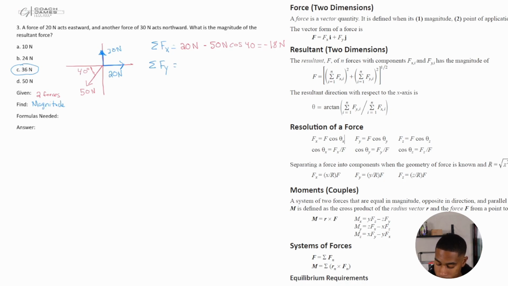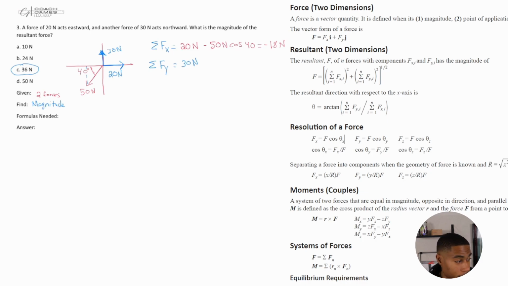The key thing about this is it's okay for that number to be negative. Let's go ahead and do the y too. So this one would be 30 newtons, and then would the y be negative or positive? It's coming down.